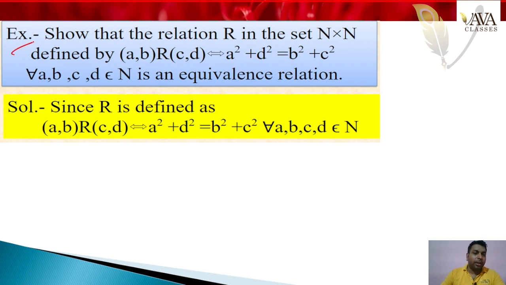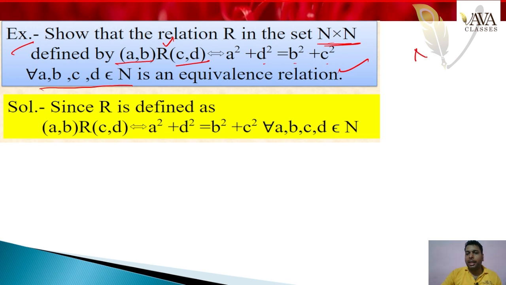Now the next question. The relation R in the set N cross N defined by (a, b) R (c, d) if and only if a square plus d square equals b square plus c square, for all a, b, c, d belonging to N, is an equivalence relation.